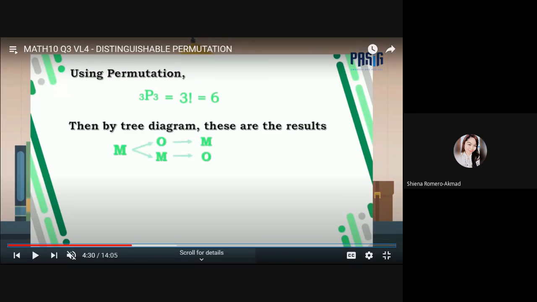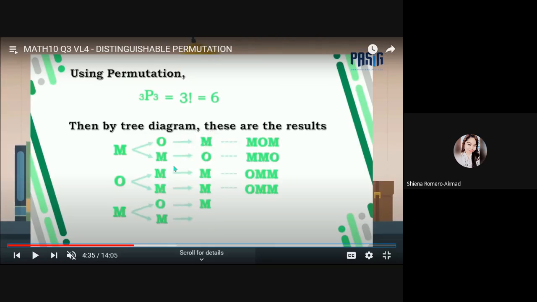Then others might use the tree diagram and look at the result. So pwedeng MOM, MMO, OMM, OMM, MOM, MMO.